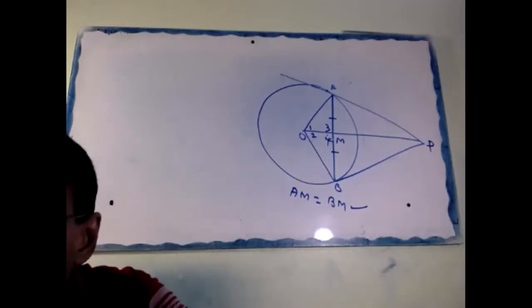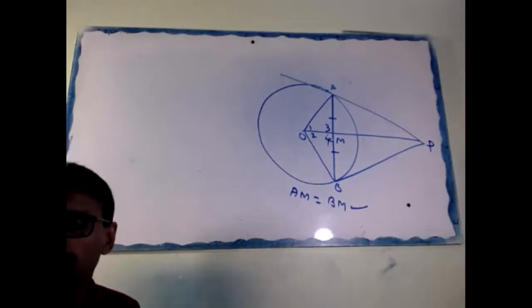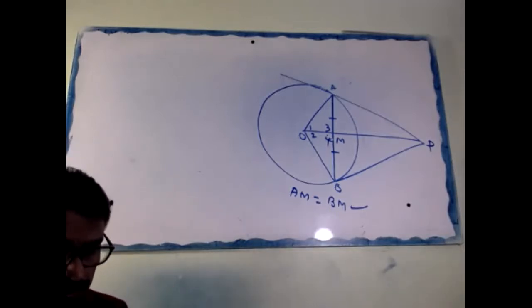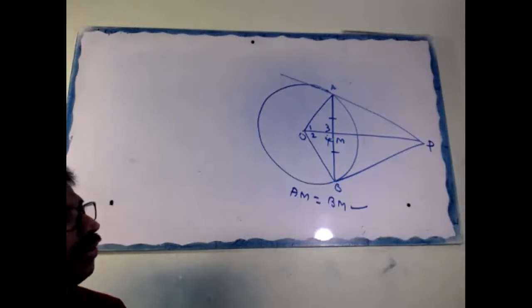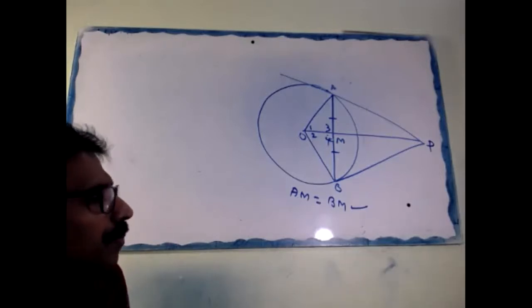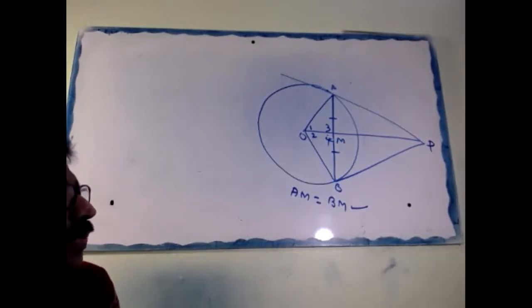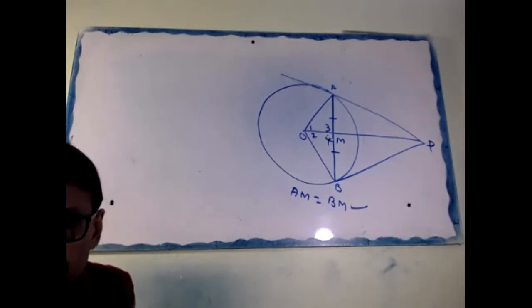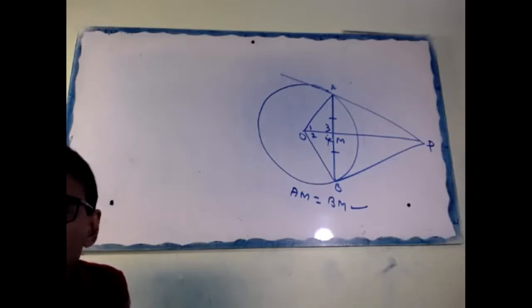OP equals OP, common. Therefore triangle OAP is congruent to triangle OBP, SSS congruency. Hence angle 1 equals angle 2, CPCT.